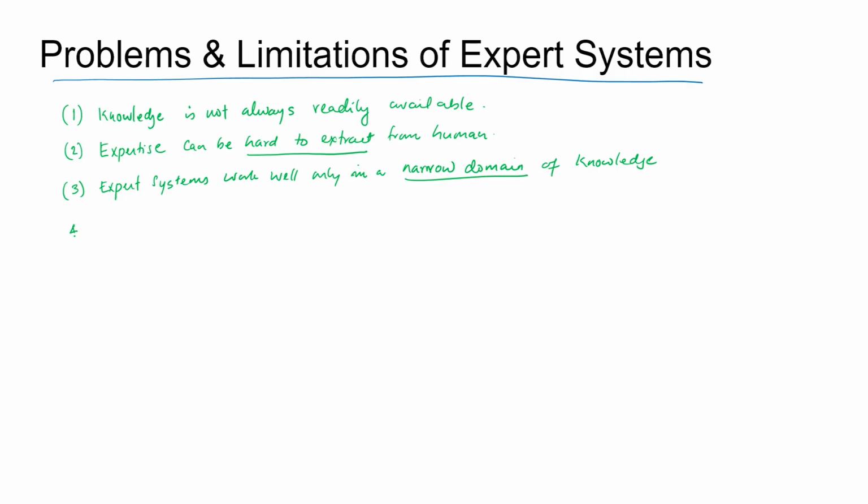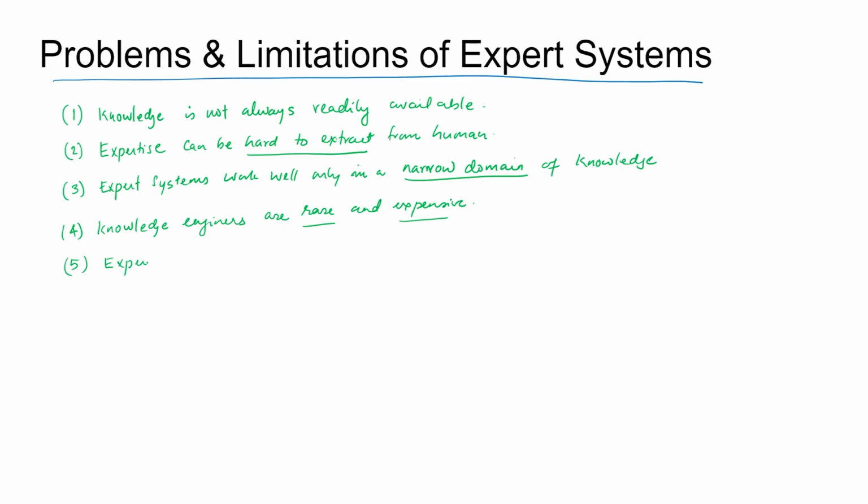Now, the fourth one is knowledge engineers are rare and expensive. Okay. They are very rare and they are expensive. I use the term knowledge engineers instead of expert system engineers, so let us call them knowledge engineers for the time being.